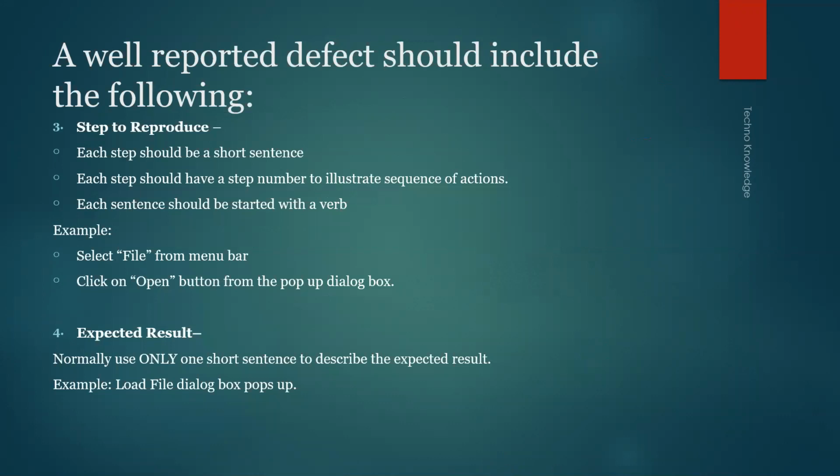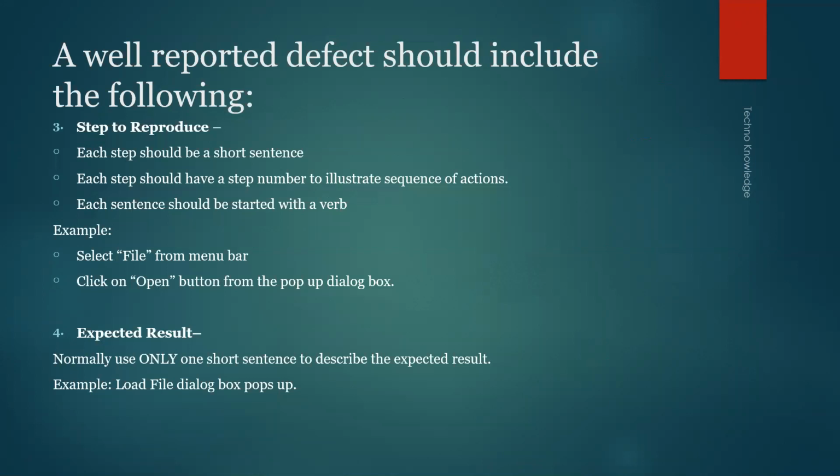And very important, each sentence should start with a verb. If you keep these three things in mind, you will be able to write very good steps to reproduce. An example from my side: select file from menu bar, click open button from the pop-up dialog box. These are two steps I would write to reproduce my defect.